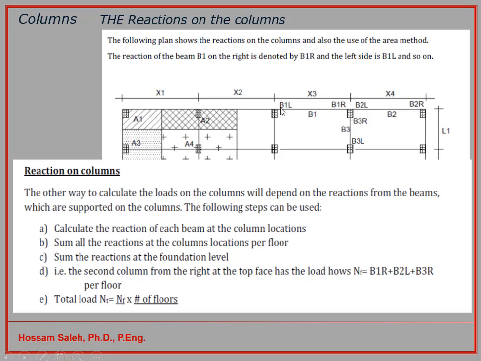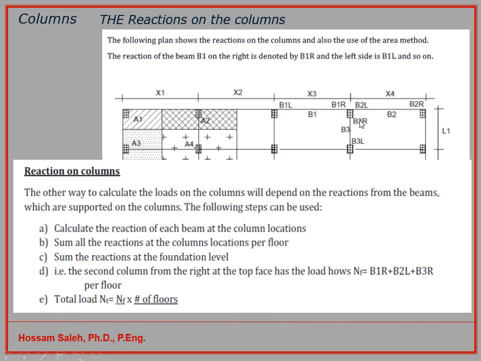If you calculate the load on the beam B1 and you calculate the reaction B1 to the left and B1 to the right, and you do the same thing for the beam B2, and you calculate the reaction B2 to the left and B2 to the right, and you have it for B3, and I looked at the beam from this direction that was on my right hand side. B3 are the reaction to the right, and the B3L the reaction to the left.